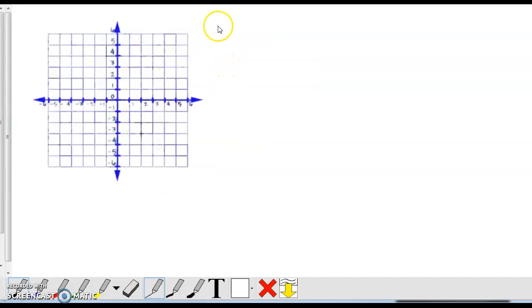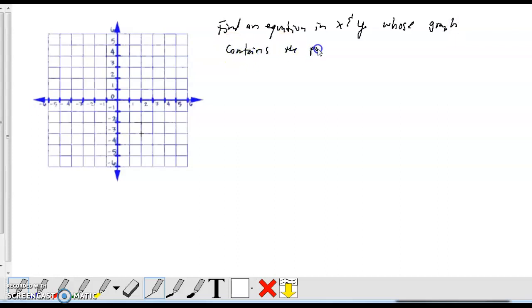We are going to find an equation in x and y whose graph contains the points on the curve C. We want to sketch the graph of C and indicate orientation.